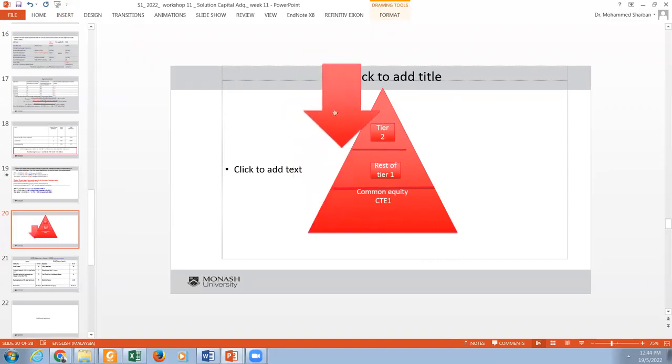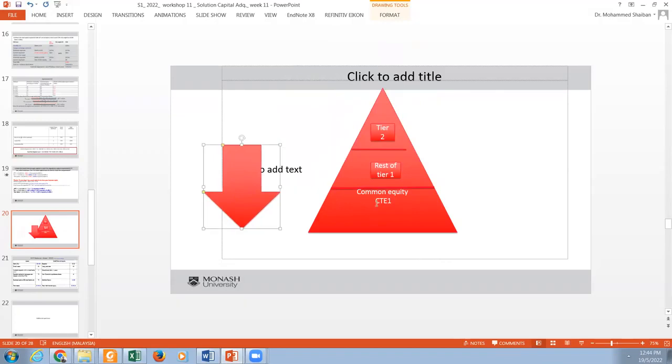And tier 2 is this area. And all of it is total capital. So I add this and this and this and this. So when we talk about capital, if I increase this area by whatever, which is the common equity area, which is the base of this pyramid, everything above it will increase.